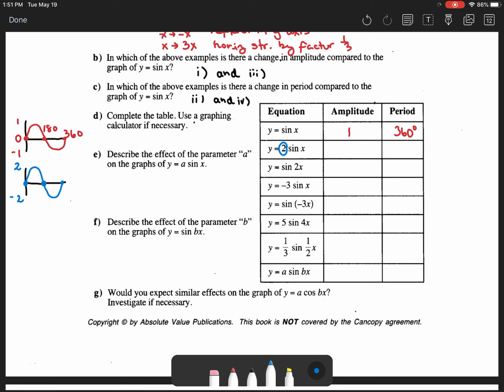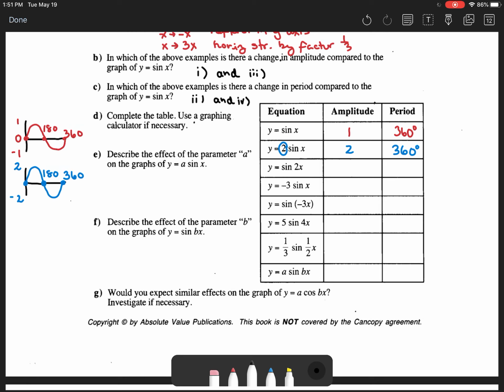If I vertically stretch, those x-intercepts do not change, so they stay where they are, invariant points. But the amplitude would now be max minus min over 2, so it would now be 2. The period length would not be altered. It would still be 360 degrees.